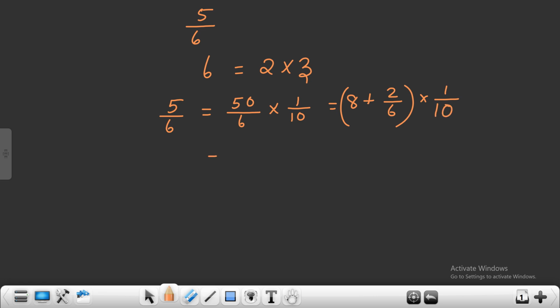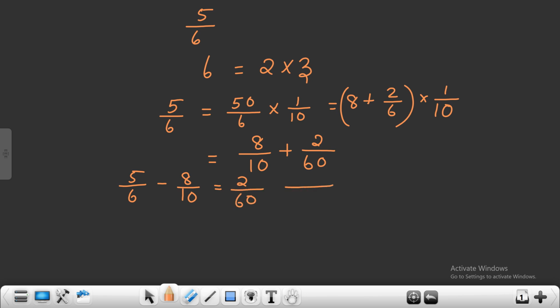Open the bracket. Is equal to 8 by 10 plus 2 by 60. So what is the next step? Same as in the question 1. Take the denominator with the power 10 to LHS. That is 5 by 6 minus 8 by 10 is equal to 2 by 60. That is the first step.